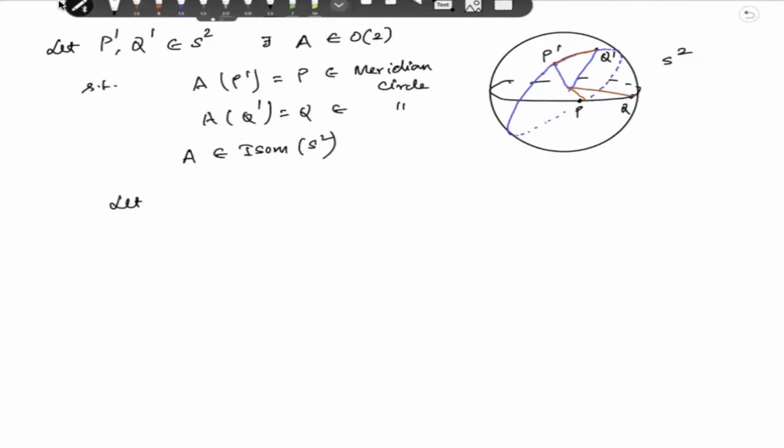So let alpha be an arc of a great circle joining P prime and Q prime.